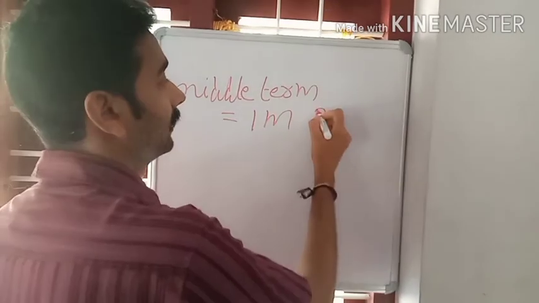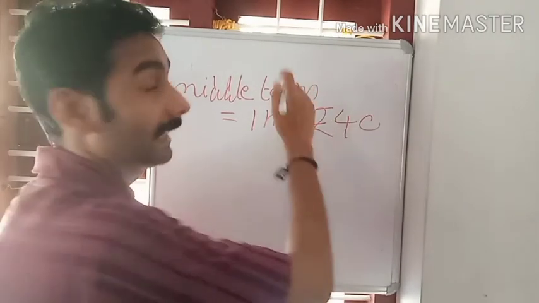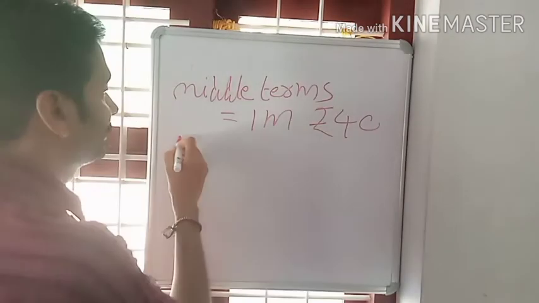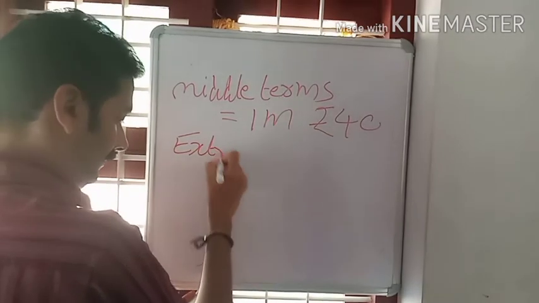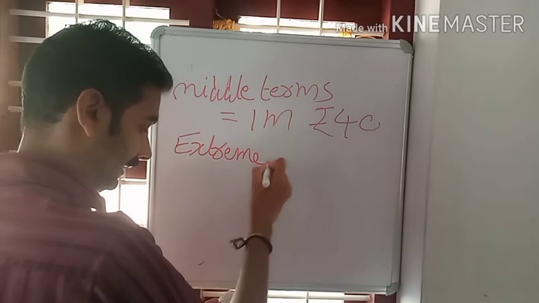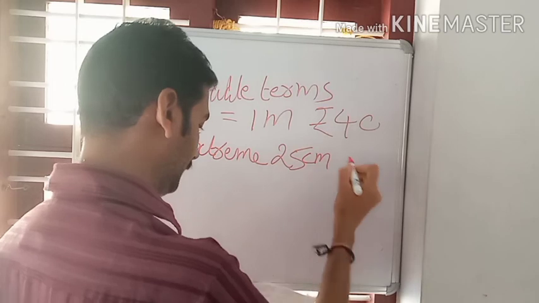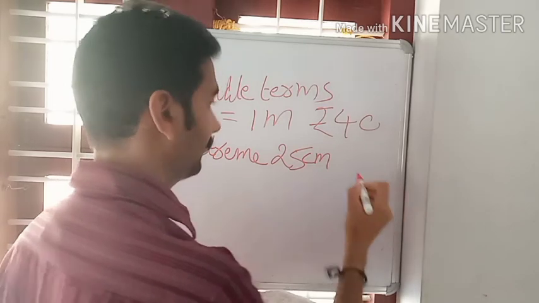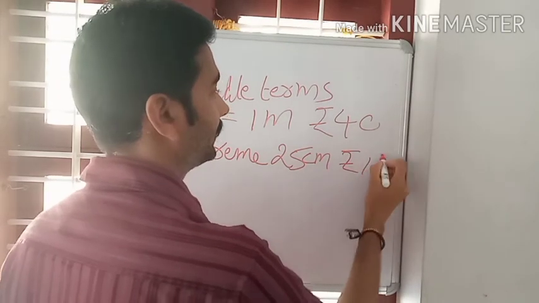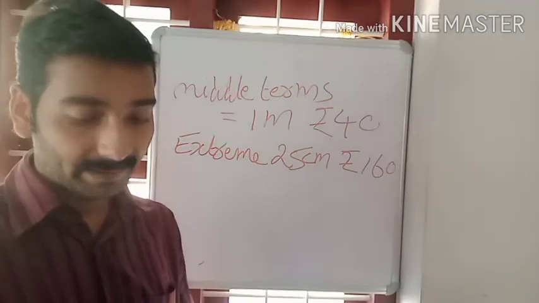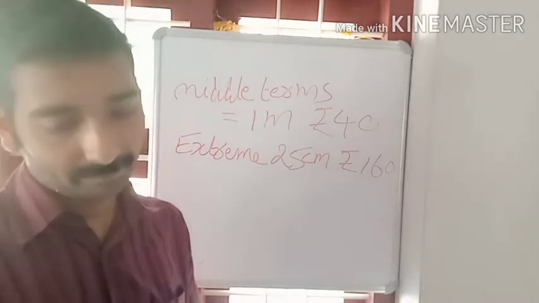In this question, second and third are the middle terms, and the extremes are 25 centimeter and rupees 160. Clear? Okay.